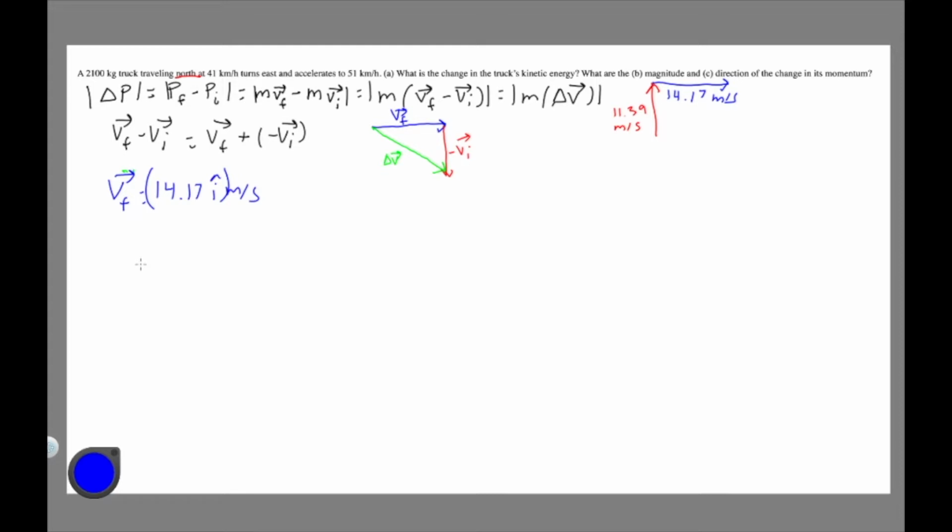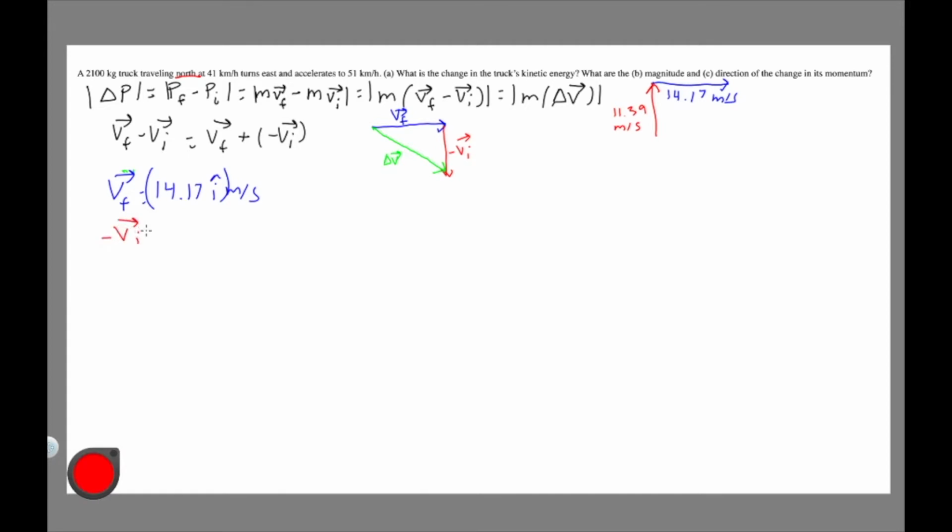It's going to be the component of the vector projected along the x-axis. So in this case, because there's no y component of VF, there's only an x component of VF, this is our vector VF.